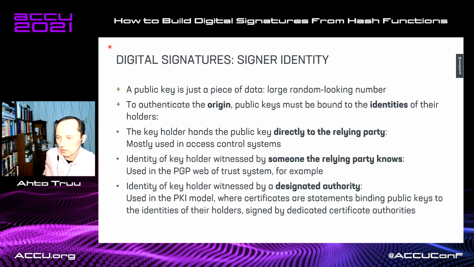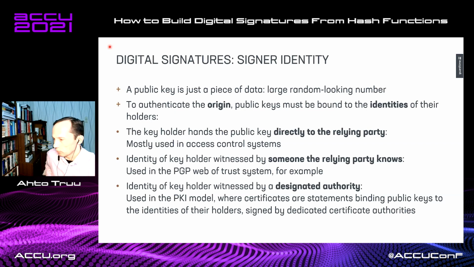And then the server knows that anybody who has the ability to sign with a corresponding private key must be me. So this handling of identity is done by me talking to the relying party directly. I say, this is my public key. I take responsibility for whatever is done with the corresponding private key. And then based on that, the key is added to the trust list.